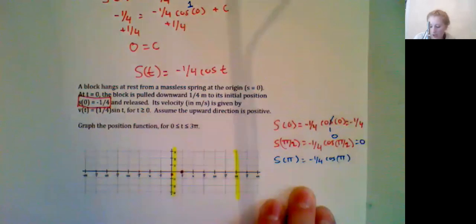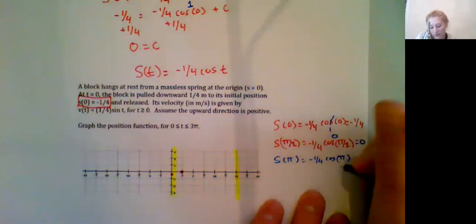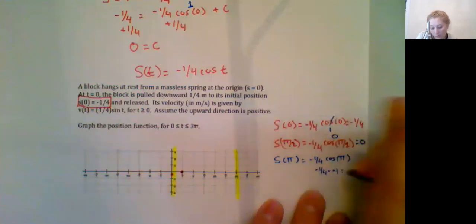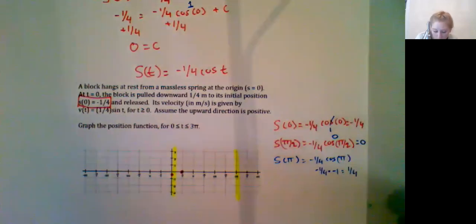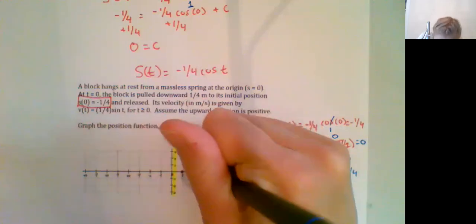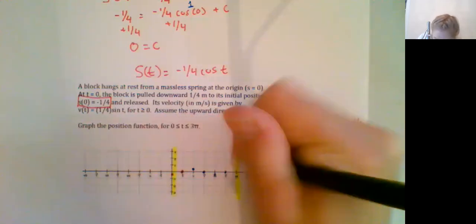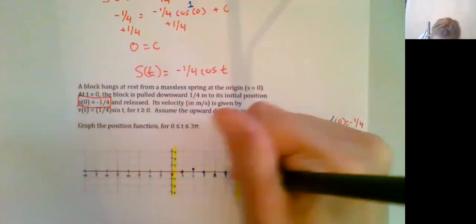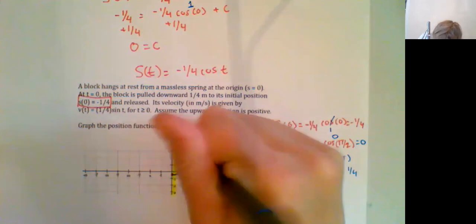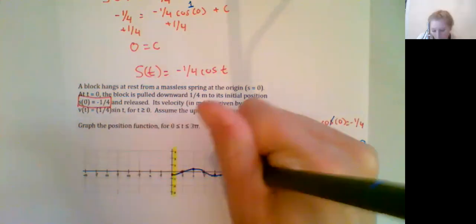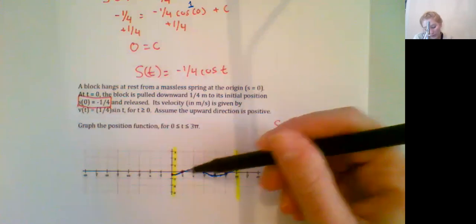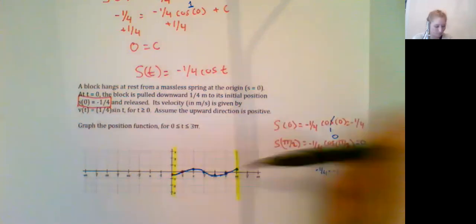Okay, so at pi, cosine is -1. So if we have -1/4 times -1, that's going to give me a +1/4. All right, so you probably are seeing the pattern now. It's just going to cycle through that like so, traveling up and down between -1/4 and +1/4 and stopping at 0 in between.